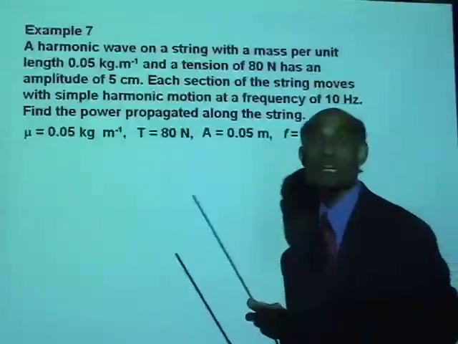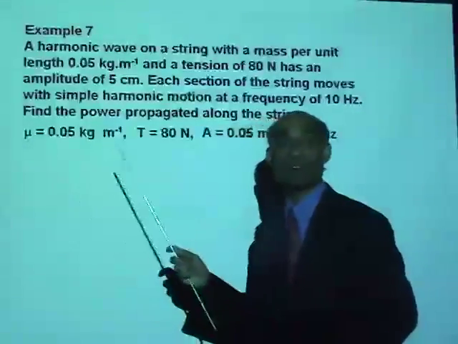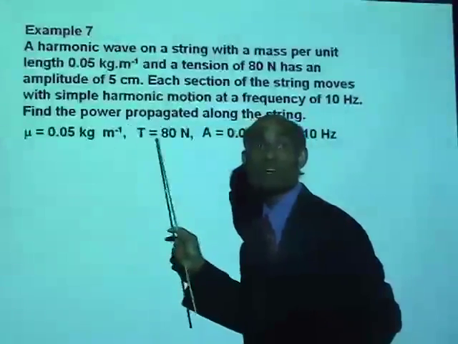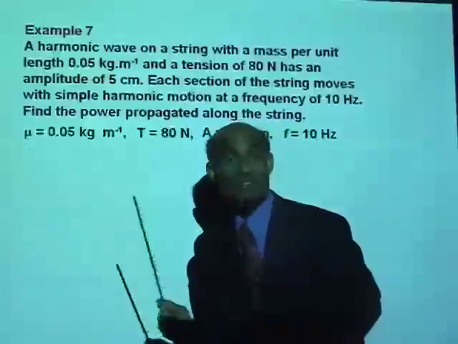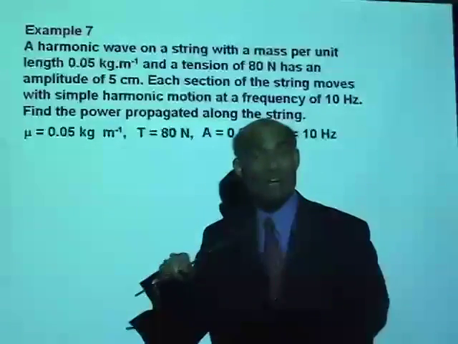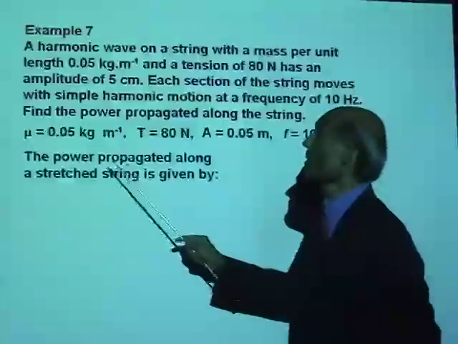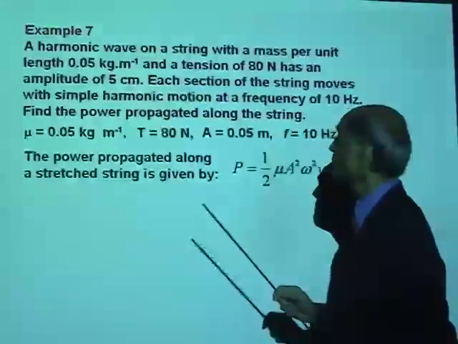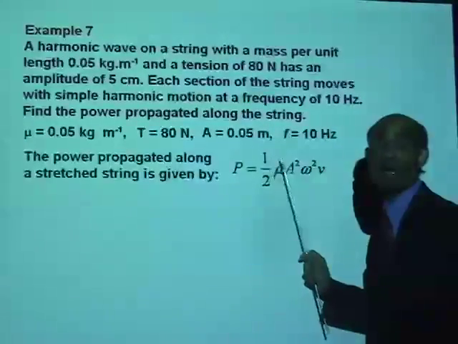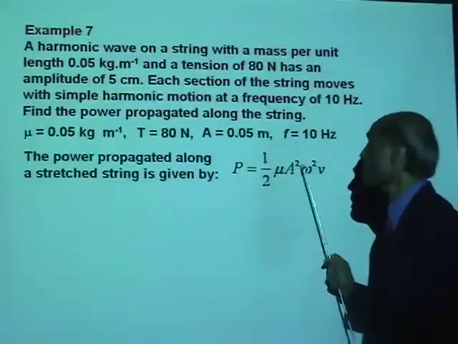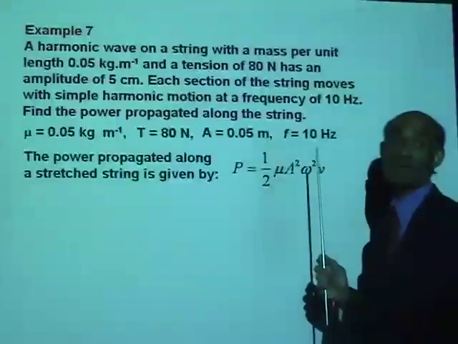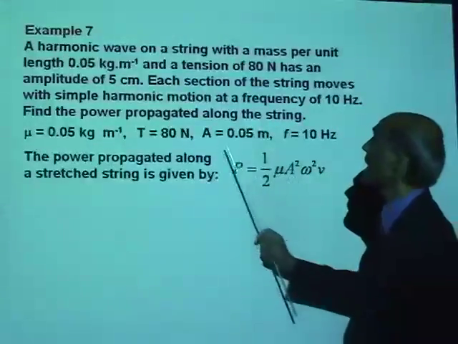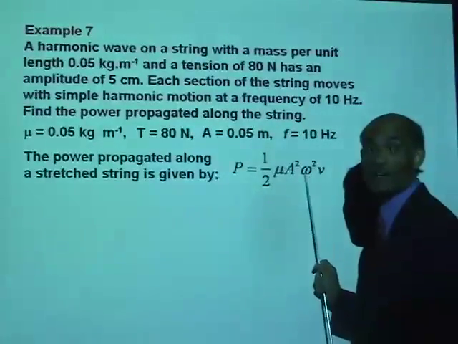Now, how do we find the speed of transverse wave on the string? If you know the tension and you know the mass per unit length, you can calculate the speed. Now look at that, we can find all those quantities. The power propagated along a stretched string is given by P equal to 1/2 mu A squared omega squared V. And of course we have mu, we have A, we have omega, how?